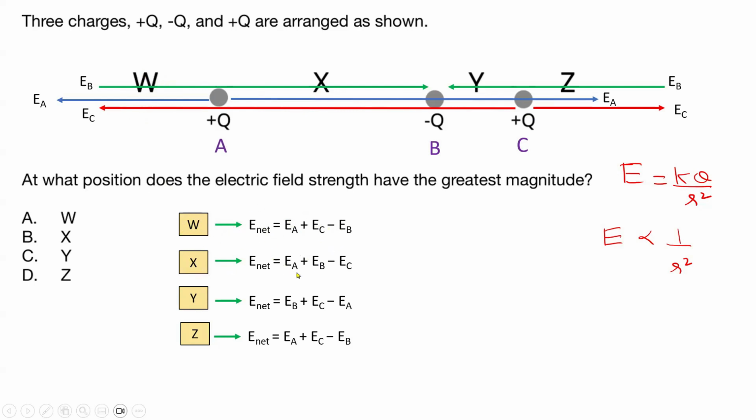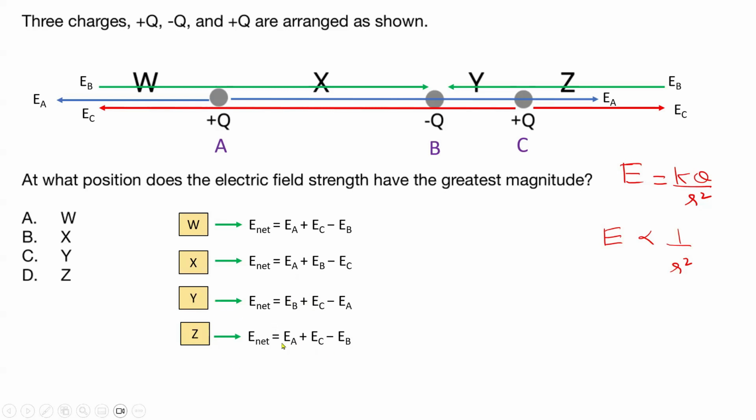At point X, EA and EB are positive. X is equidistant from A and B, but the distance of X from either of these two points is greater than the distance of Y from points B and C, which means EA and EB could be large, but not as large as EB and EC for point Y.